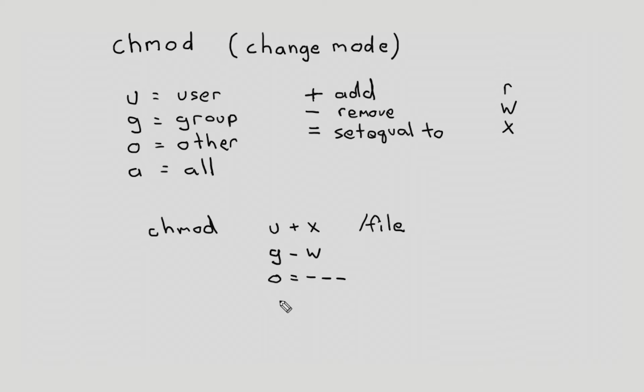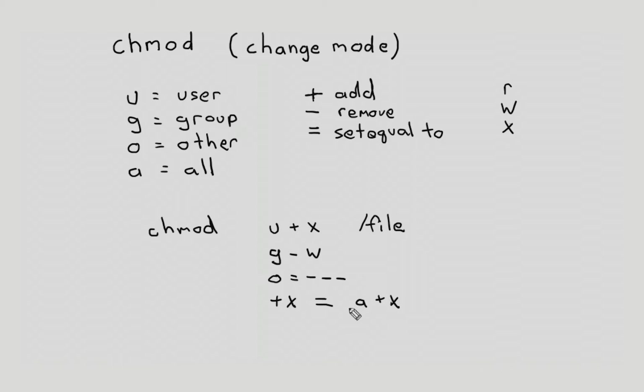Let's say you just say chmod plus x, which you'll see people do quite often. What that does is that basically is equivalent to saying a plus x, which is all: user, group, and other get execute. So you don't really have to use the a ever.